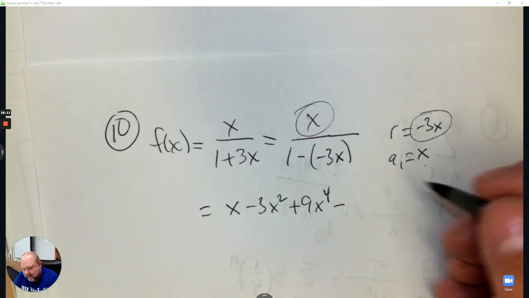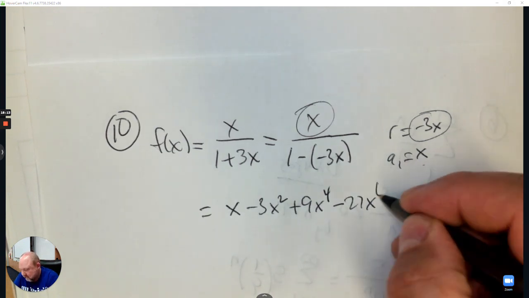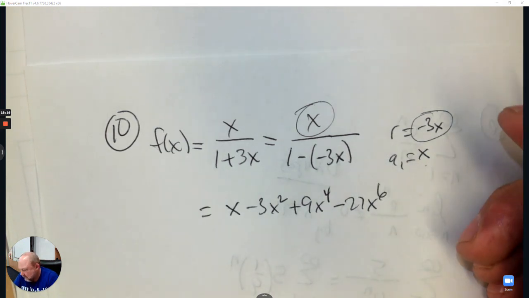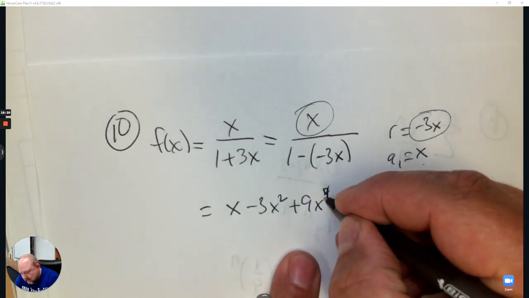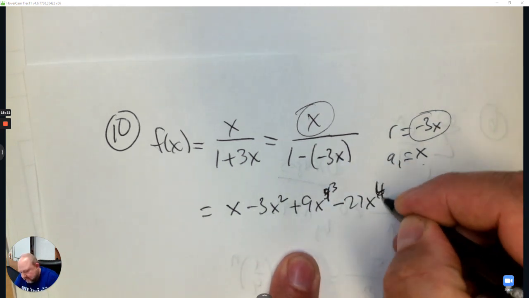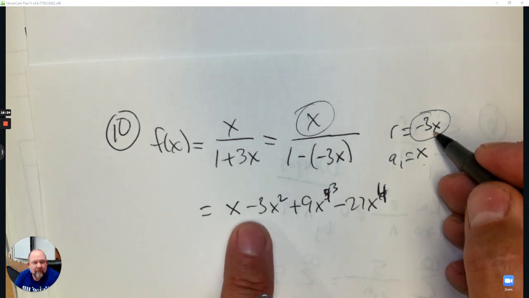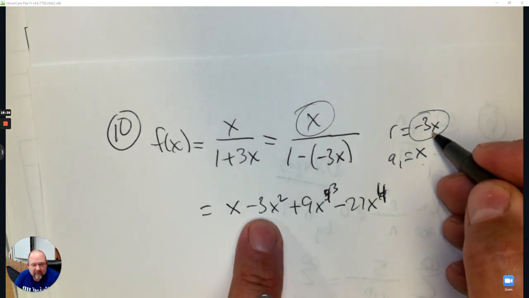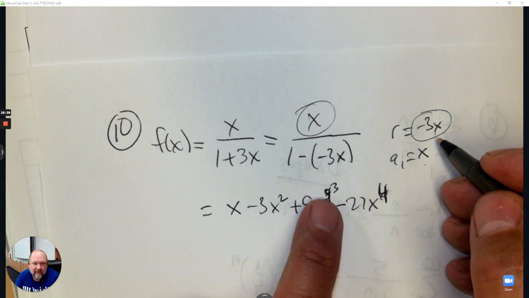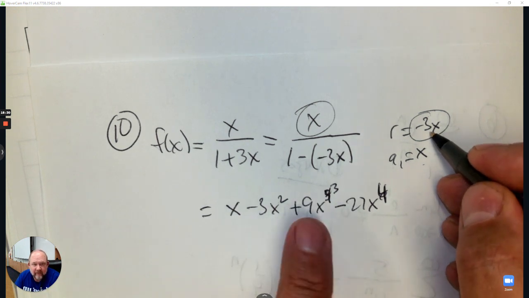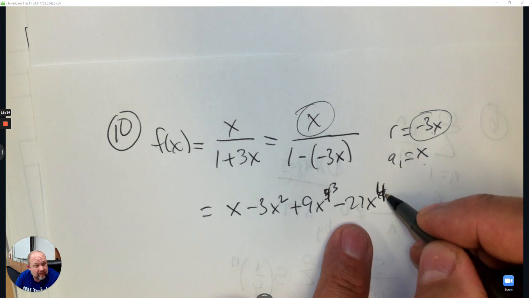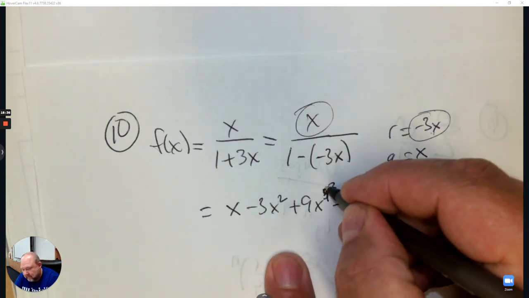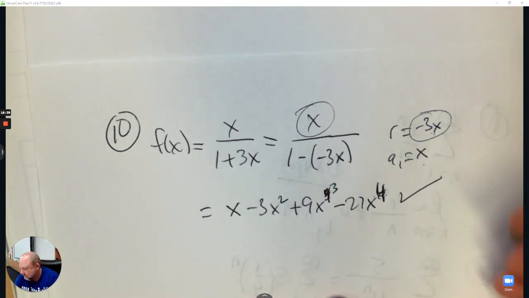Multiply again, negative 27x to the 6th. Oh, sorry. The exponents went up too high. So if I go negative 3x times negative 3x squared, it's x cubed. If I go negative 3x times 9, it's negative 27x to the 4th.